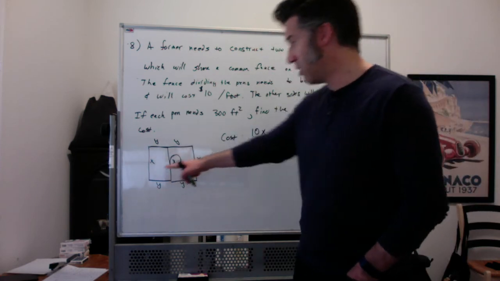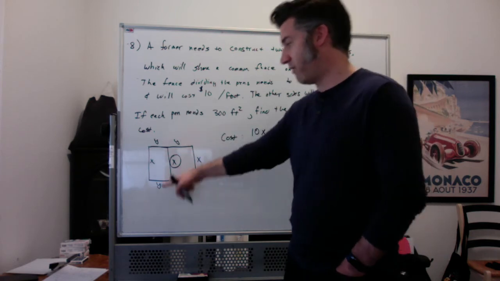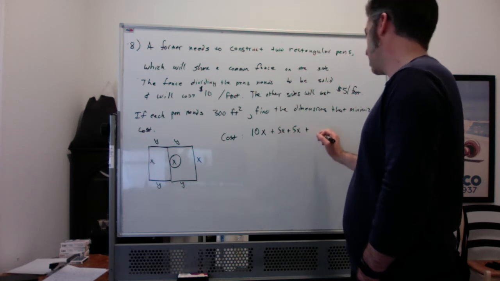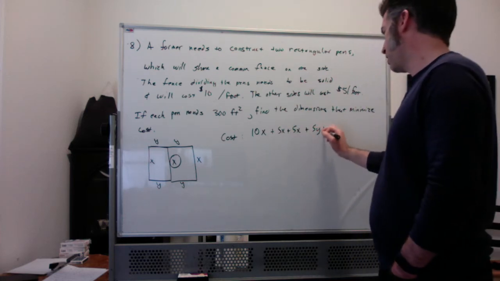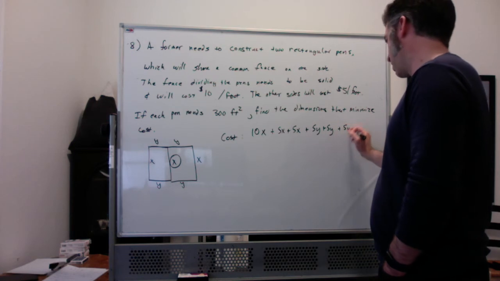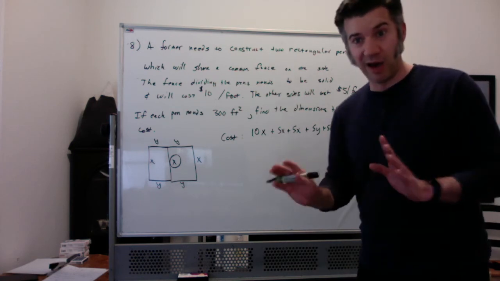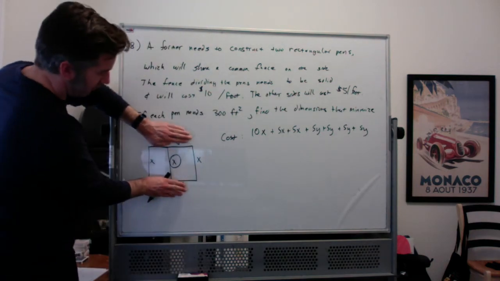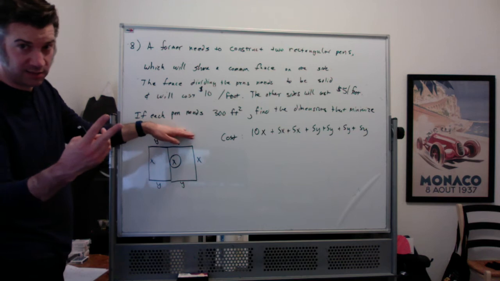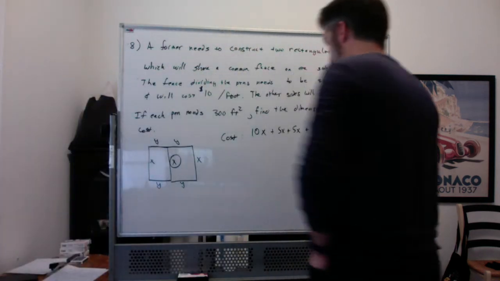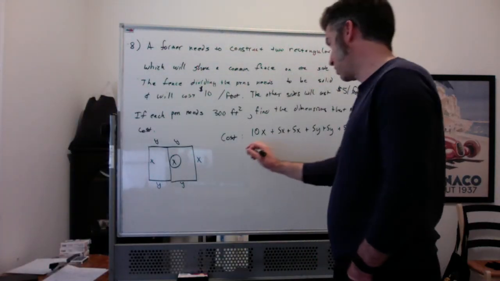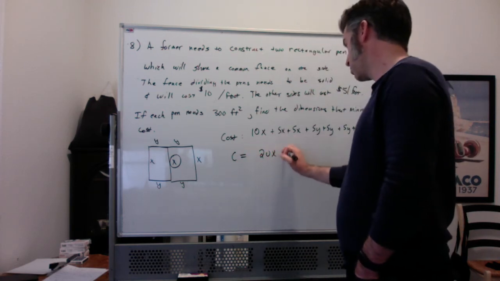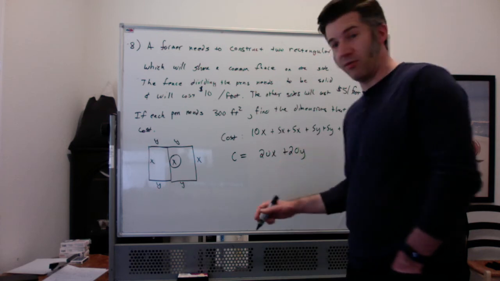So I'm going to have 5X, 5X, 5Y, 5Y, 5Y, 5Y. On the other hand, if you just called this side Y and this side Y, you would have a 5Y and a 5Y just twice. So just be aware that there is a difference. So my cost equation is going to be 20x plus 20y. And I'm trying to minimize that.